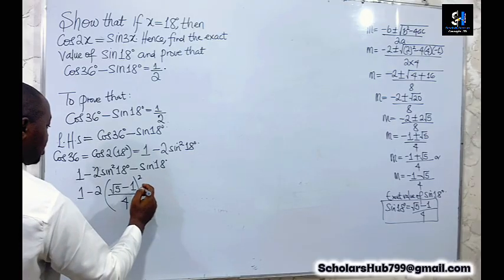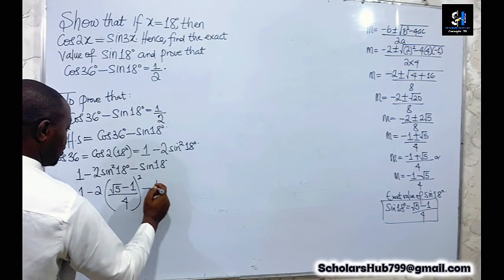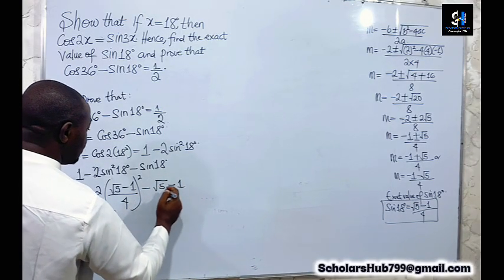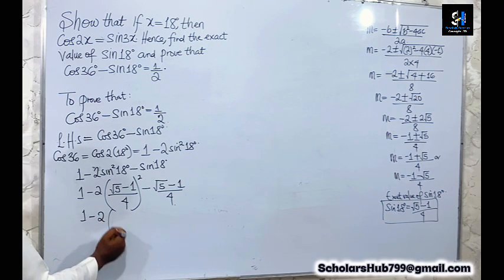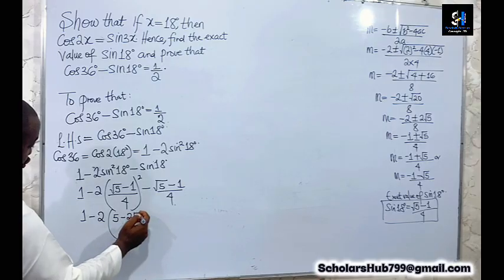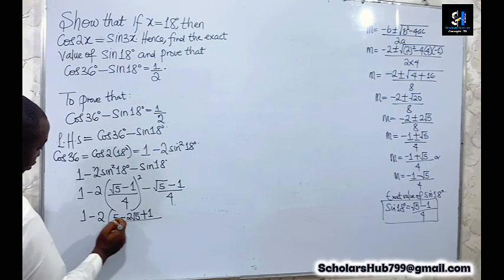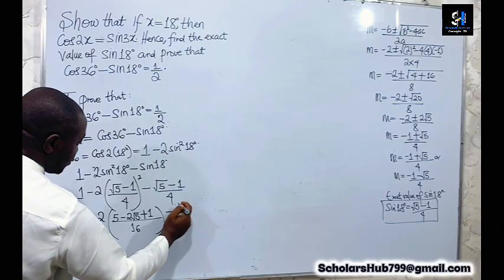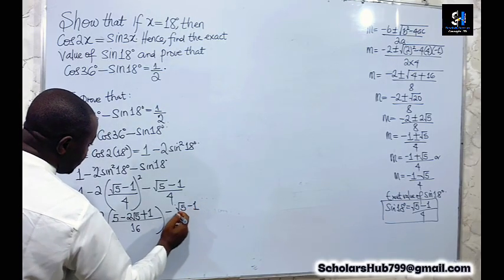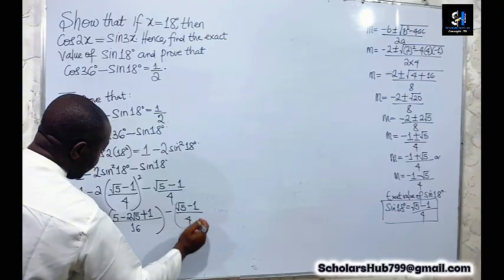then minus root 5 minus 1 over 4. So in this case, this will be 1 minus 2 parentheses. If we expand it, this will be 5 minus 2 root 5 plus 1 divided by 16, then minus root 5 minus 1 over 4.